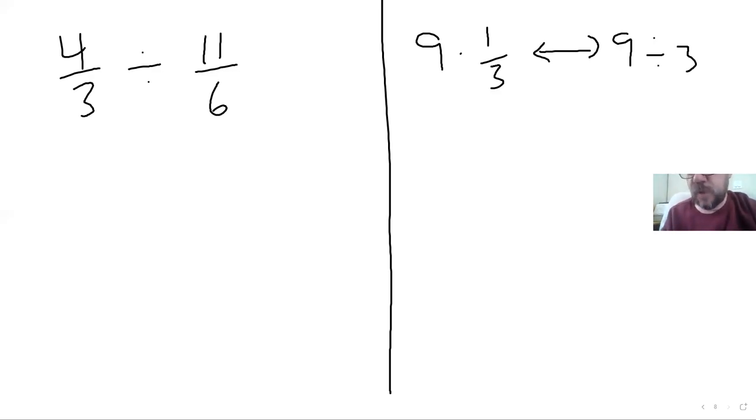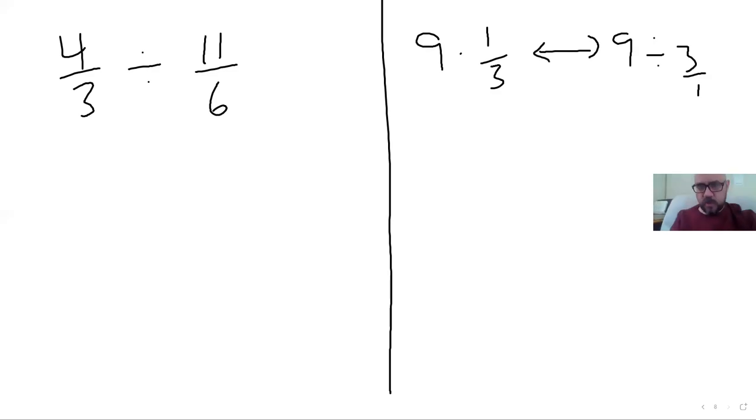And that relationship of 1/3 being 3 over 1, but flipped over, is exactly the same relationship that dividing always has with multiplying. If I want to take 1/3 of 9, I can think of that as 9 divided by 3, and it works just fine. Those are actually the same thing.